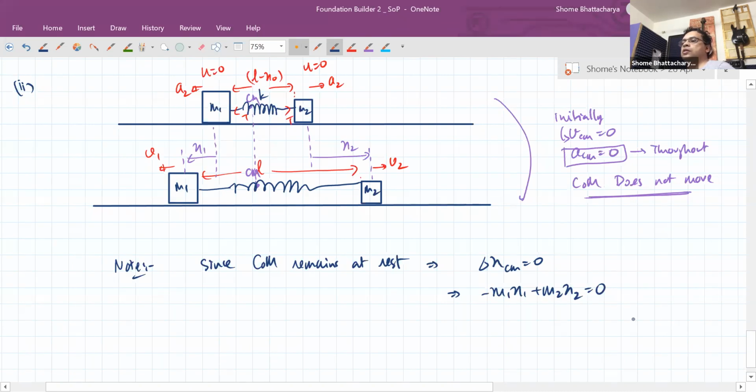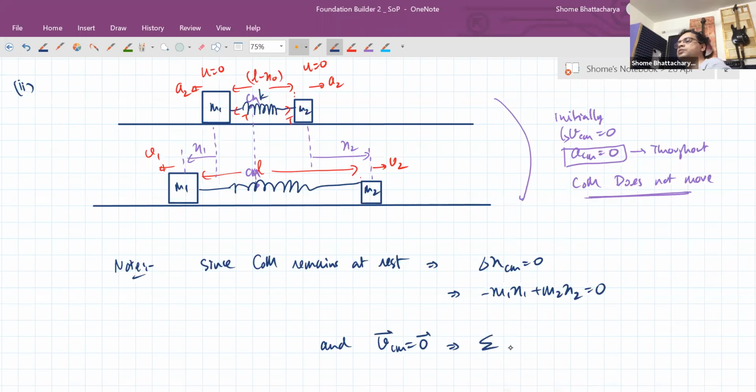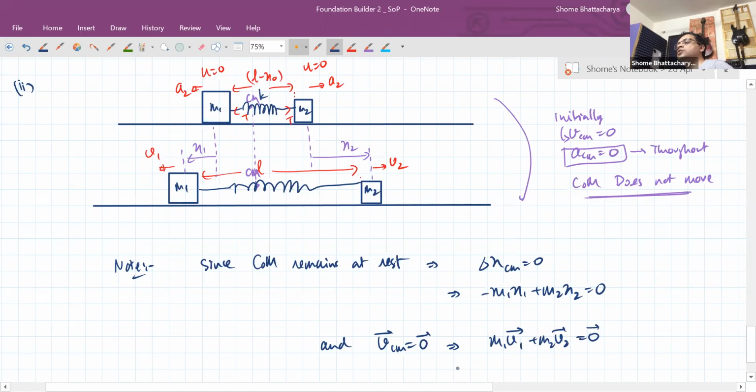It also means that the velocity of the center of mass is 0, so the vector sum of the momenta should be equal to 0. In a scalar equation, I write minus m1 v1 plus m2 v2 equals 0. This is going to be the useful equation for us because we want to find v1 and v2. So we'll write this as equation 1.